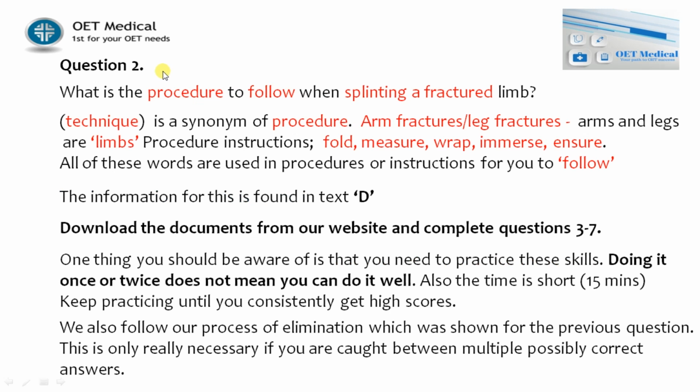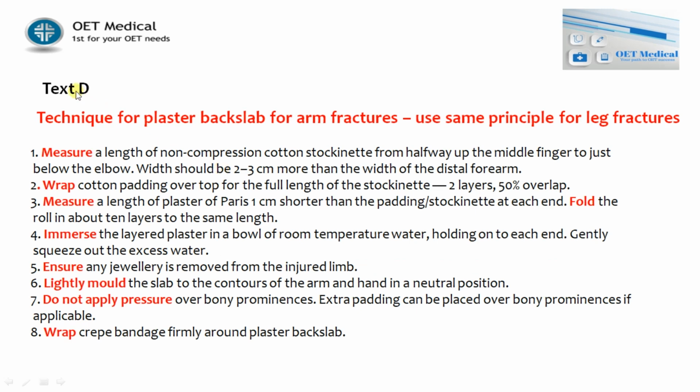Question 2. What is the procedure to follow when splinting a fractured limb? So technique, procedure, synonym. Arm fractures, leg fractures. Arms and legs are limbs. So there we've got limb, fracture. Procedure instructions, fold, measure, wrap, immerse, etc. All of these we found in D. Measure, fold, wrap, immerse.